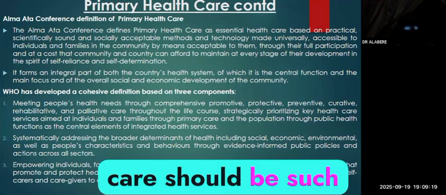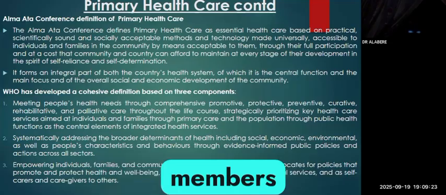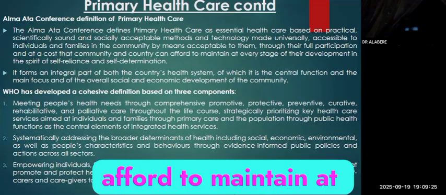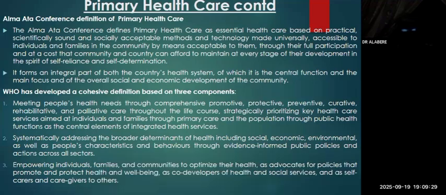And the cost of care should be such that the community members and the country can afford to maintain it at every stage of their development in the spirit of self-reliance and self-determination.